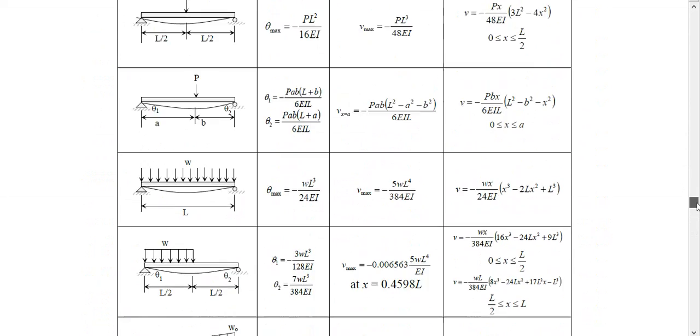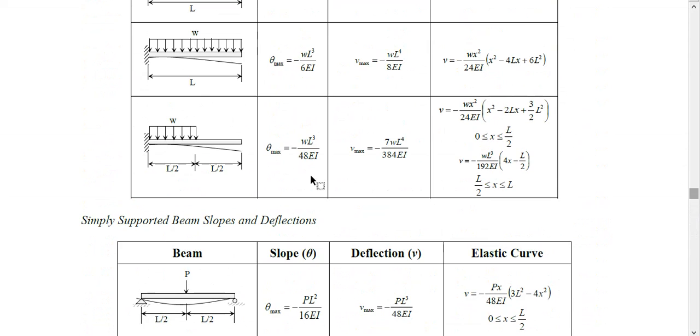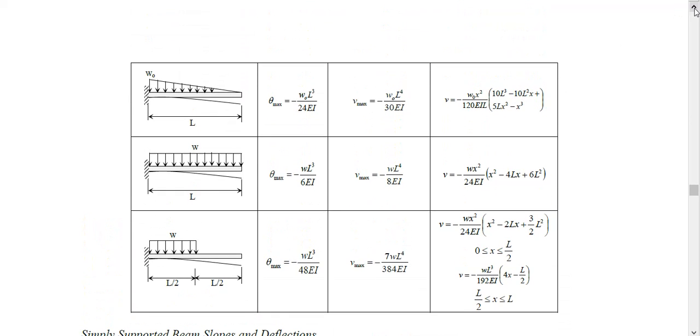So be careful, slowly. Yes, you can see it's a cantilever beam, L by 2 is uniformly distributed load. For this case, the maximum deflection at the end is 7 w L to the power 4 over 384 EI. So we can solve for this kind of load. But in our beam, there's another load here. Can we solve it? Okay, go and find it.